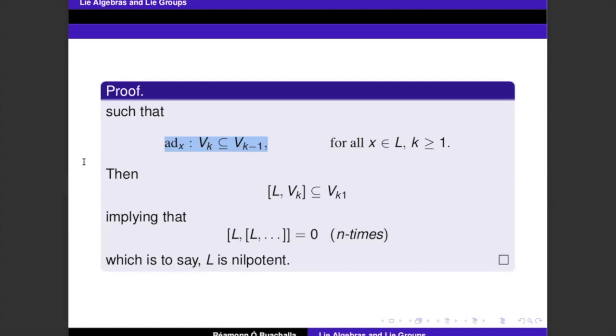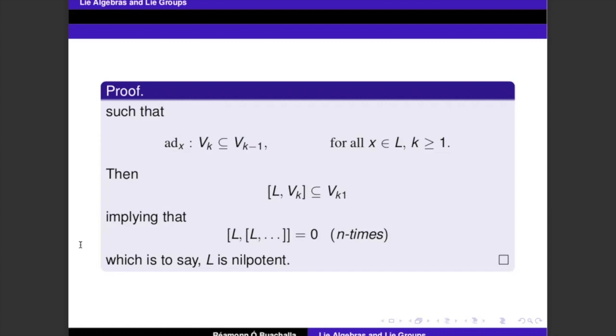What does that mean? If we recall, the adjoint is defined in terms of the commutator bracket, so it means precisely this. Sorry, there's a typo here, this should be k minus 1. I think that's clear. But that means that if we apply L again and again and again, we keep on moving down this chain of subspaces, which means that eventually, at some point, we're going to get to 0.